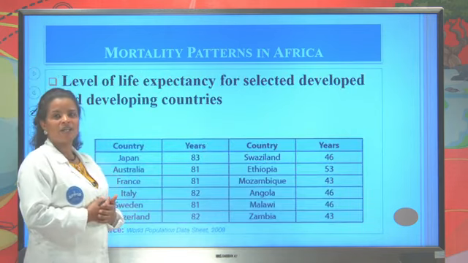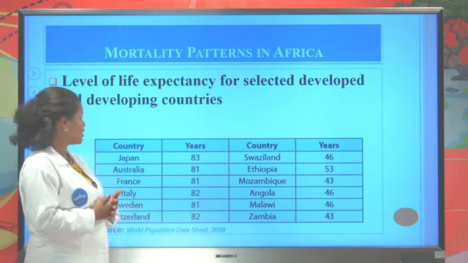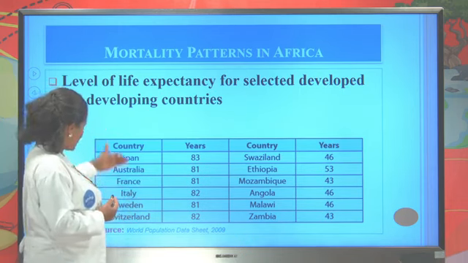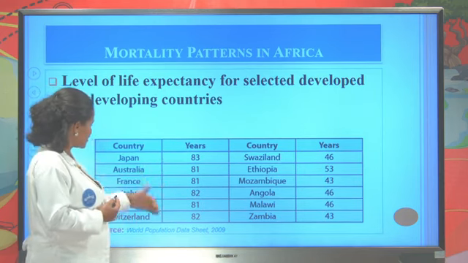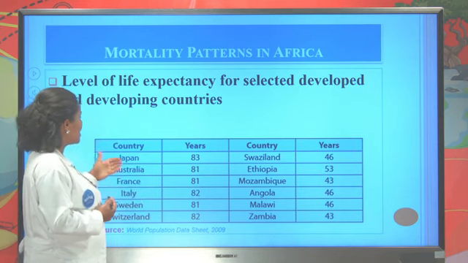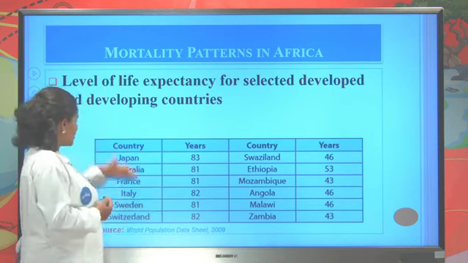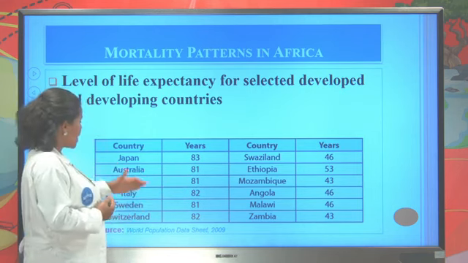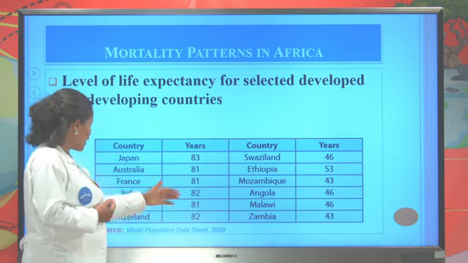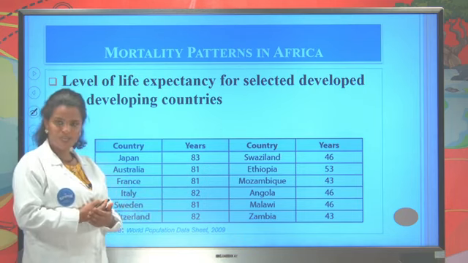Let us see the life expectancy for selected developed and developing countries. Developed countries have long life expectancy. For example, the life expectancy of Japan is 83 years, Australia 81, France 81, Italy 82, Sweden 81, and Switzerland 82.